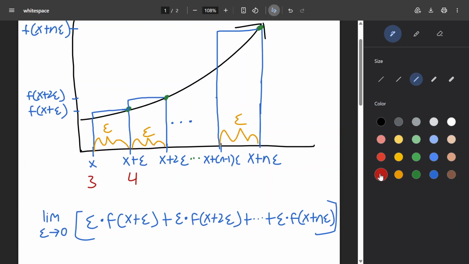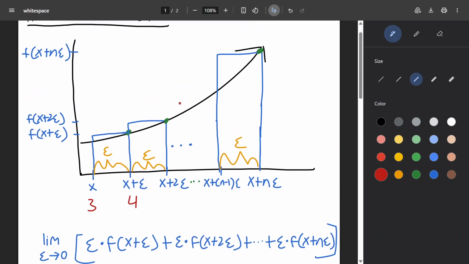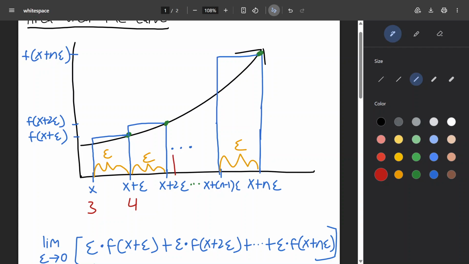That's going to partition our rectangles, our area, into finer and finer little chunks, right? So imagine epsilon is really small, then maybe our rectangles are this size. And if we add these all up, if we continue this in both ways and add them up, our area will become more and more accurate.